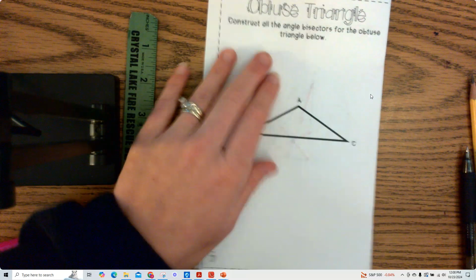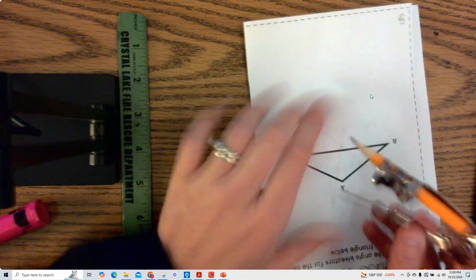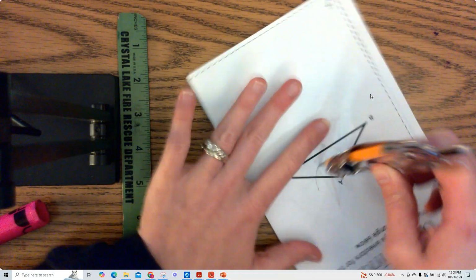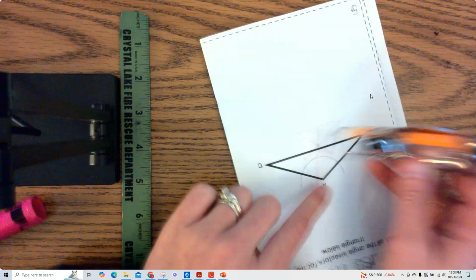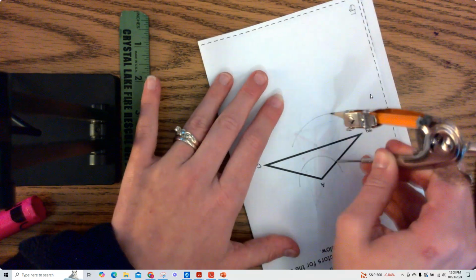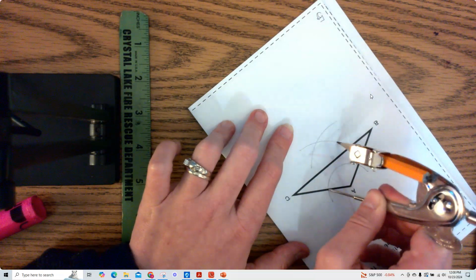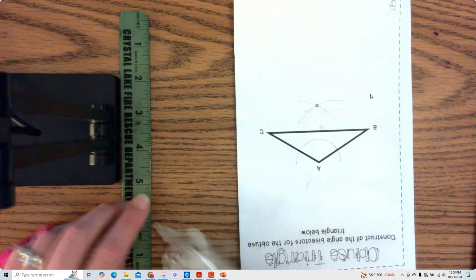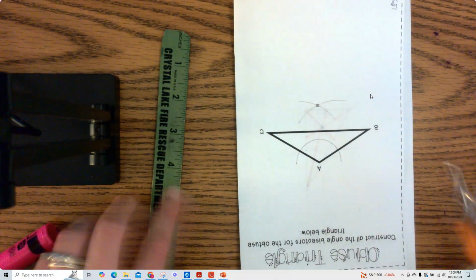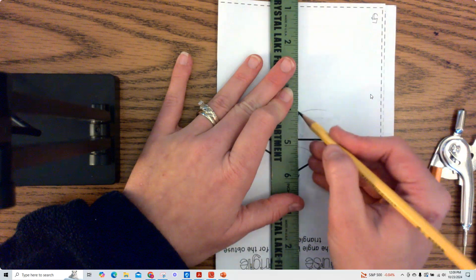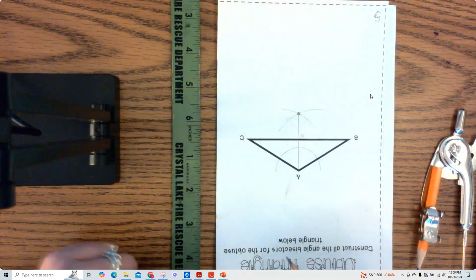Same exact process, same exact setup. So, make an arc across the angle where that arc intersects. Make two new arcs. And then where those two arcs intersect, connect back to your original angle. Then doing the next angle.